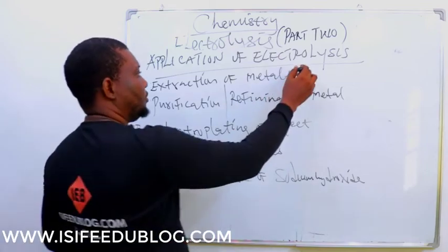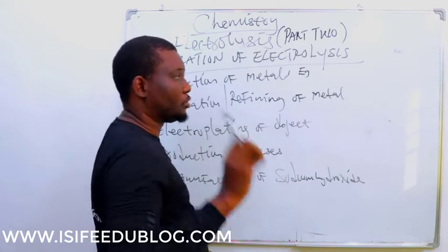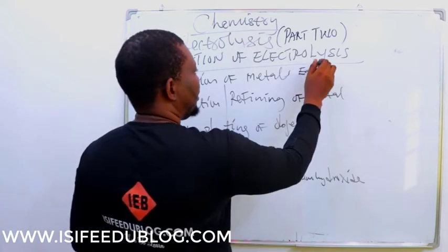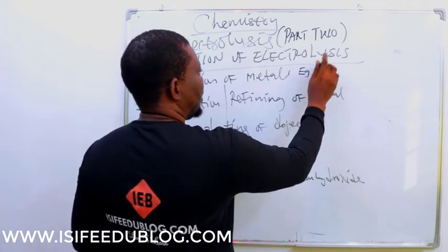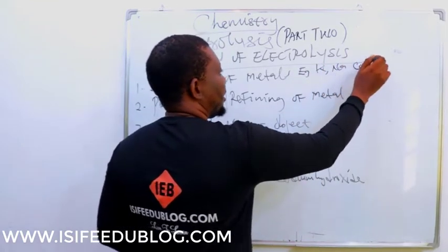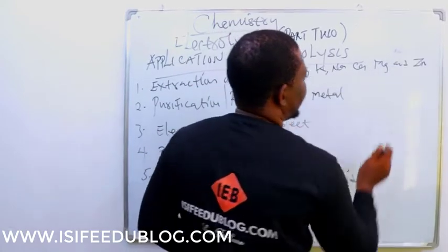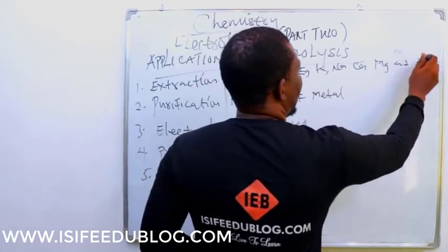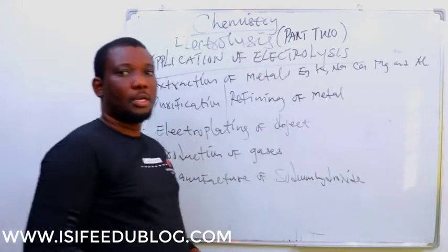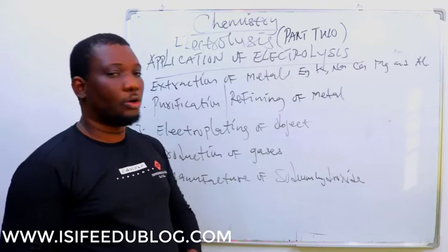Examples of such metals that you can obtain from their ores, compounds or impurities are potassium, sodium, calcium, magnesium, and aluminium.